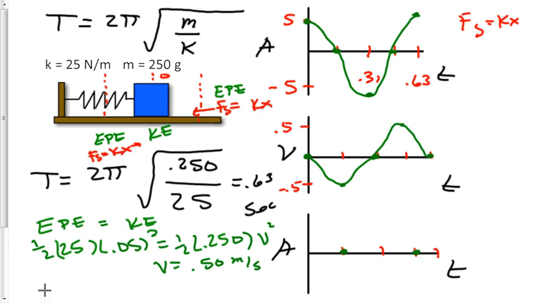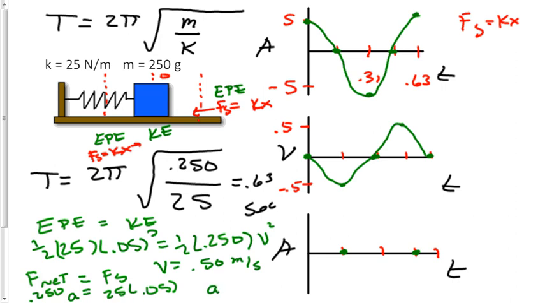Now, why does that work? Well, the net force at any time is going to equal the force of the spring. So we always put in force net equals mass times acceleration. So I'm going to say 0.250 times A is going to equal 25 times 0.05, our spring constant multiplied by the stretch.